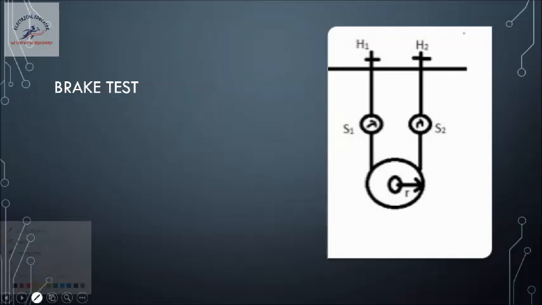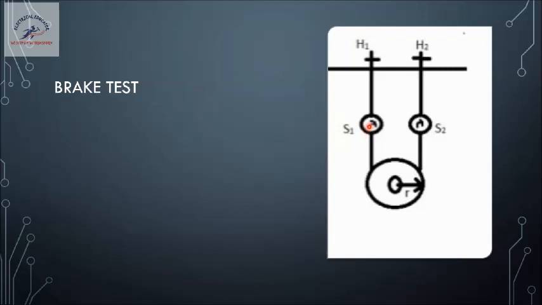Here is the schematic representation of the rotor of a DC motor. This is the brake drum with a radius R. This is the shaft. A flywheel or a brake drum is attached, and this is connected via belt drives to a spring tension.